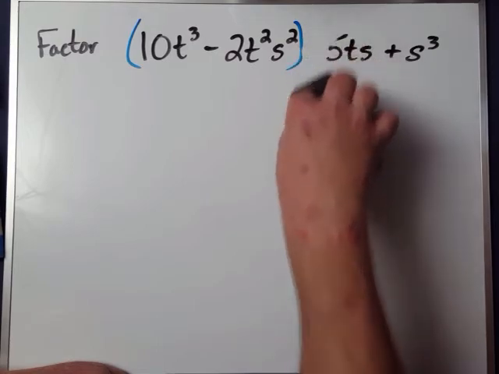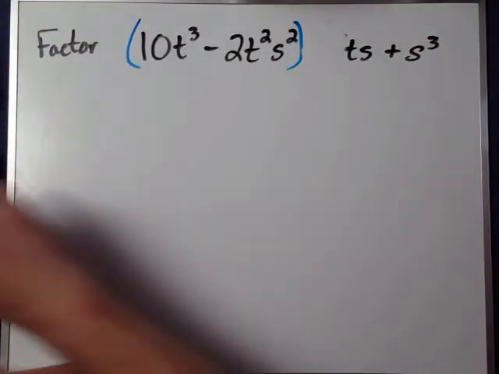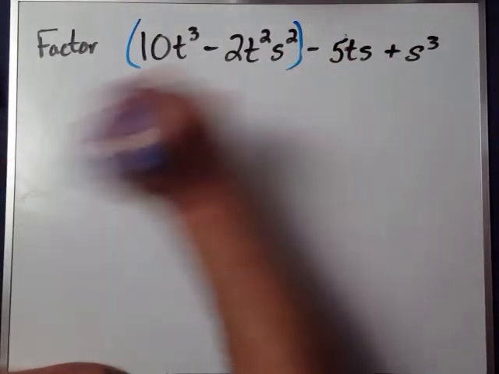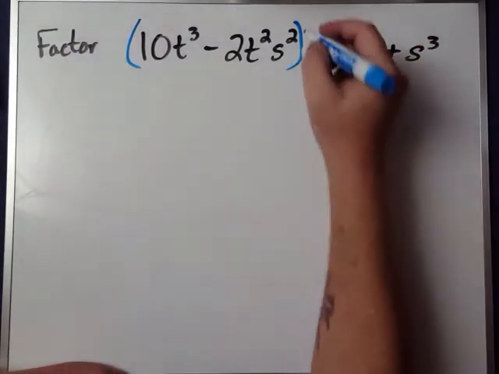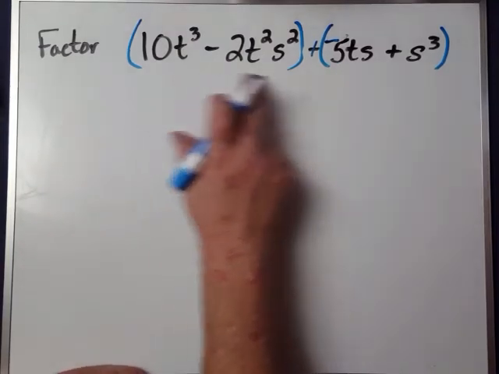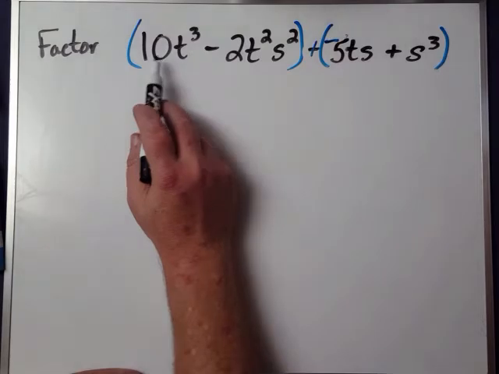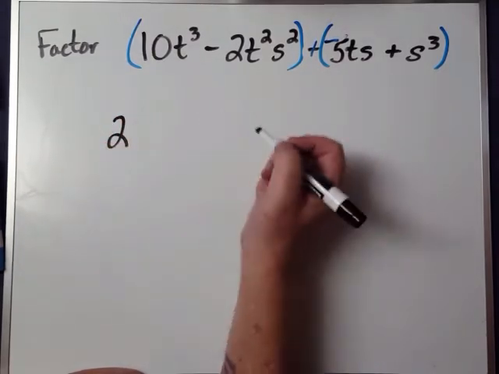Well, I made a mess. Let me try that again. Keep that negative with its term, and then you can group the last 2 terms. Out of the first pair, what is the greatest common factor? First, as to the numbers, 10 and 2, they both contain a factor of 2.